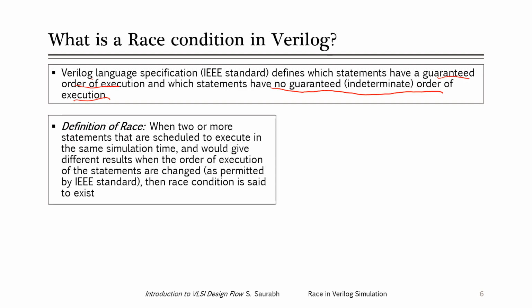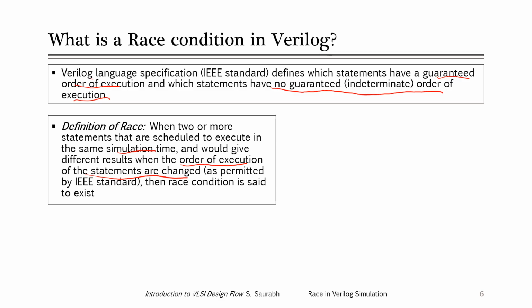Now, what is a race? When two or more statements that are scheduled to execute in the same simulation time would give different results when the order of execution of the statements is changed as permitted by the IEEE standard, then a race condition is said to exist.